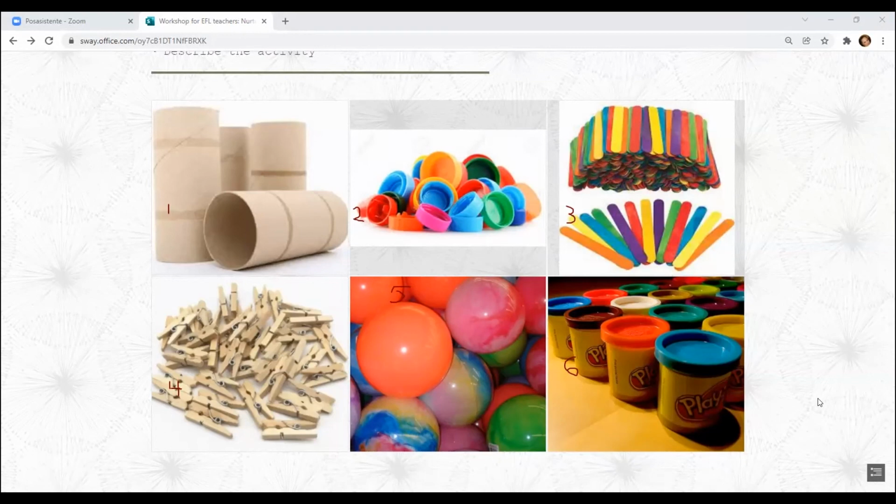And the name of this object is kazoo. I don't know if the rest of the people here have heard about that.